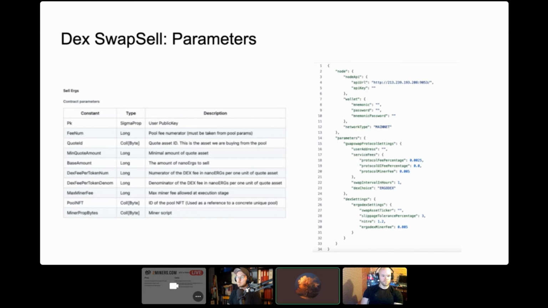So in the protocol settings, you could change the swap interval, for the automatic mode, and you'd also insert your user address because we want to know your public key in order to save it in the proxy contract, so that when you do a refund, it can only be you that actually can extract the funds out of it.